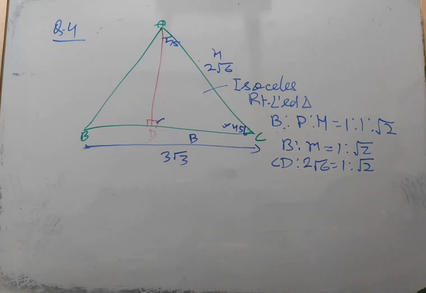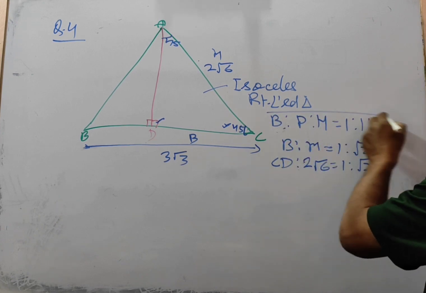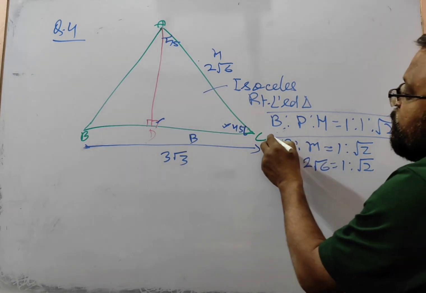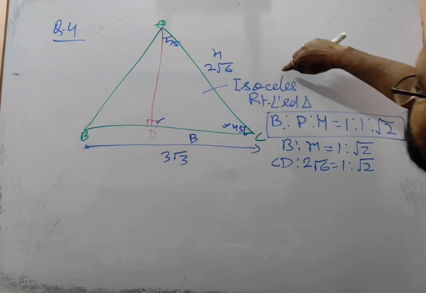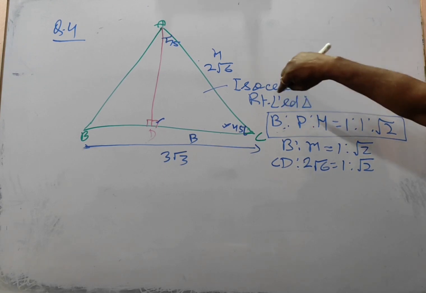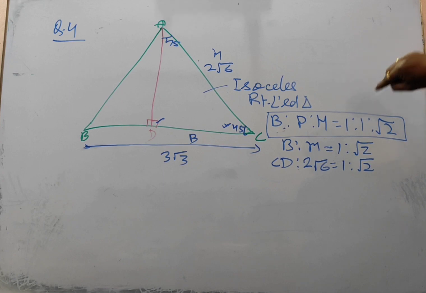This is the ratio given to us. This is the standard value, given as part of the formula. When it is an isosceles right angle triangle, the ratio between base, perpendicular, and hypotenuse is 1 is to 1 is to root 2.